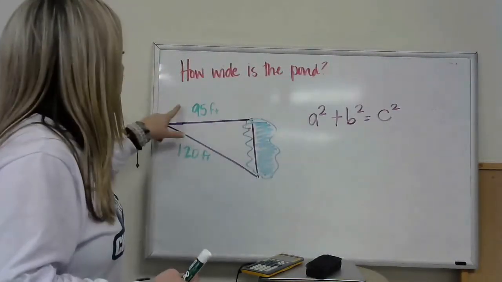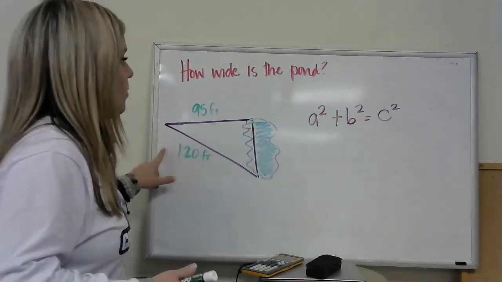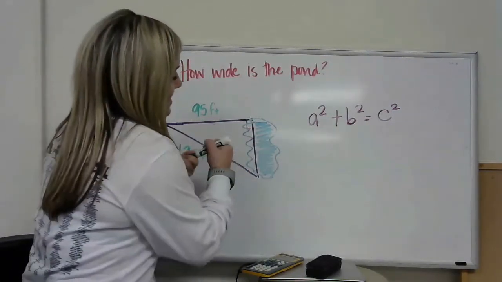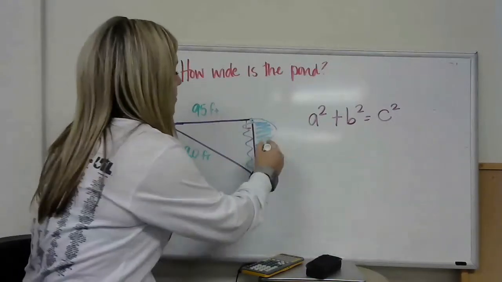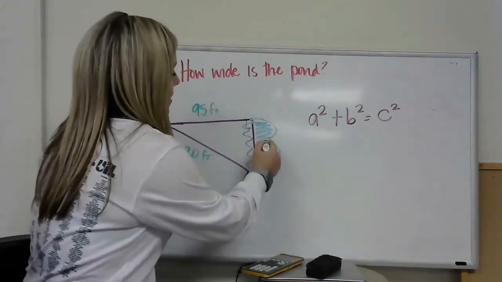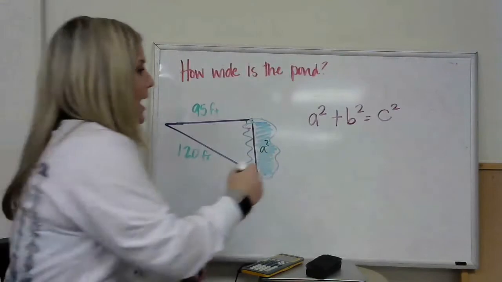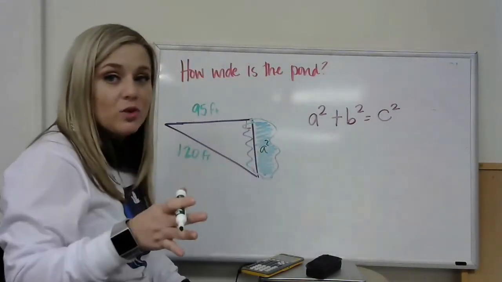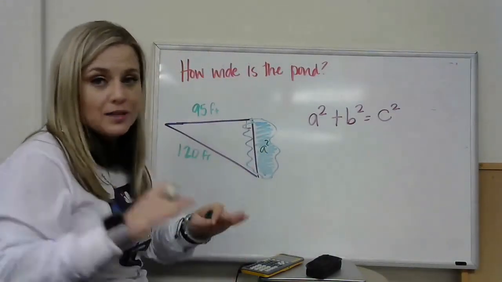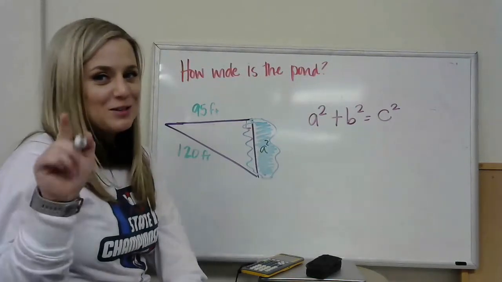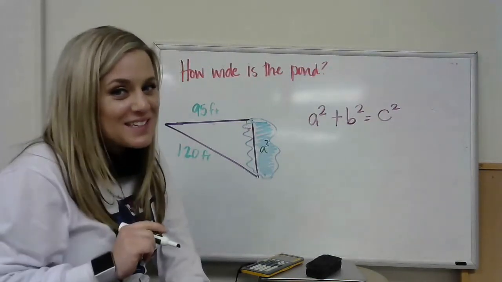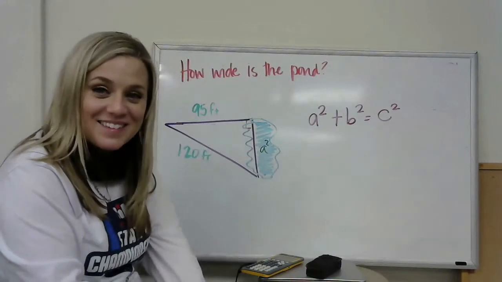So 90 feet and then 121. We're going to say this is a again, the width of the pond. So we're solving for a. I want y'all to pause right now and try to do this. Don't you cheat. You better pause it. You better try to do this.